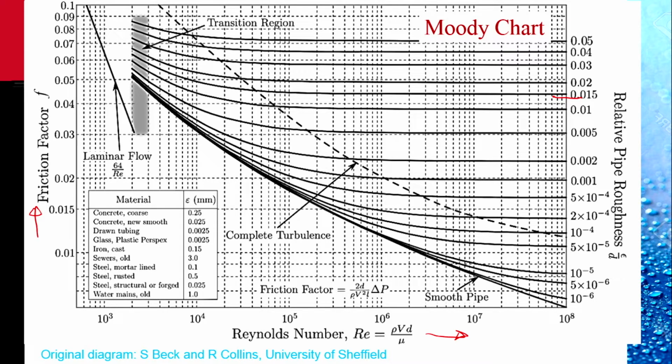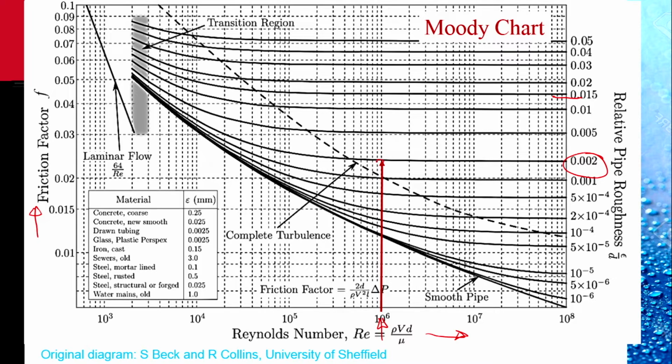For any pipe, we can calculate the Reynolds number. Let the Reynolds number be, for example, 10⁶, 1 million. Then we enter along this axis, and suppose the relative roughness of the pipe is 0.02.